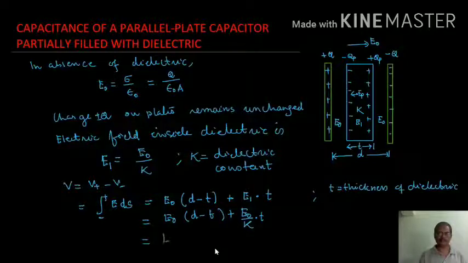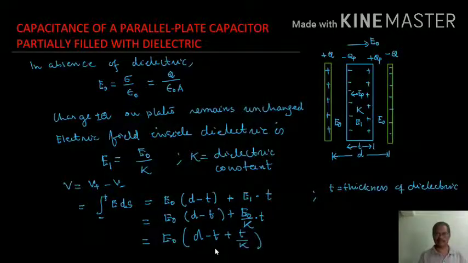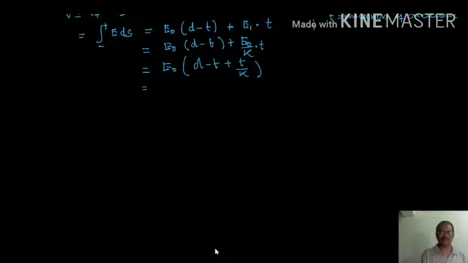This is equal to E0 into d minus t plus t by K. E0 is Q by epsilon 0 A, so V equals Q by epsilon 0 A into d minus t plus t by K.